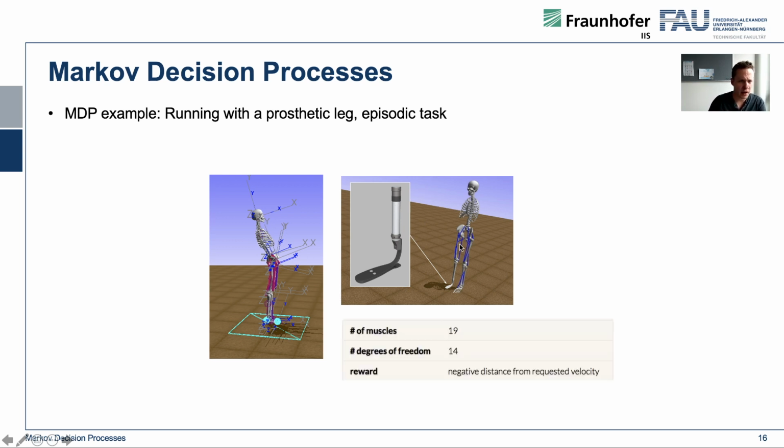You have muscles that you really activate, and degrees of freedom where every joint angle can be adjusted, and you get a reward signal which is basically a negative distance from a requested velocity. The actions in these cases are really stimulating certain muscles.